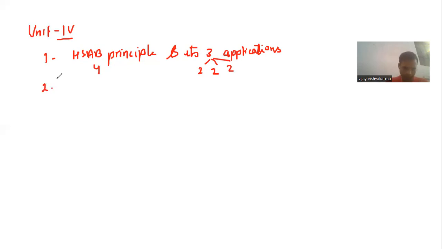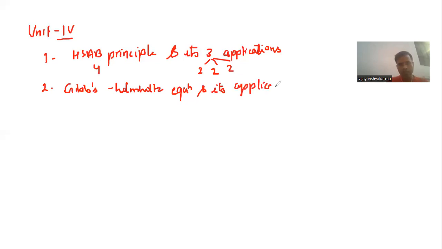Second question. Gibbs Helmholtz equation and its application. As in CT3, you find that its weightage is, sorry, Gibbs Helmholtz equation derivation has weightage 8 and application has weightage 2.